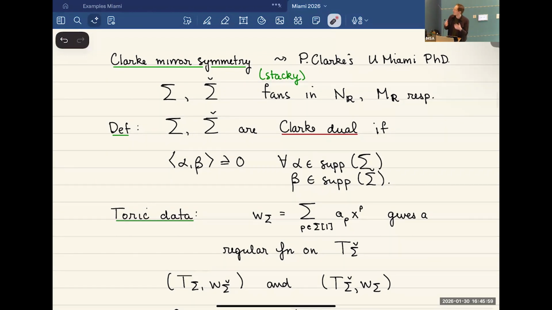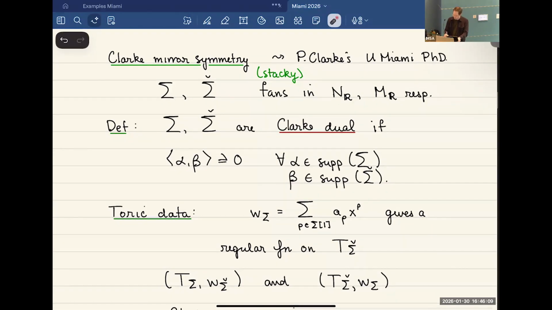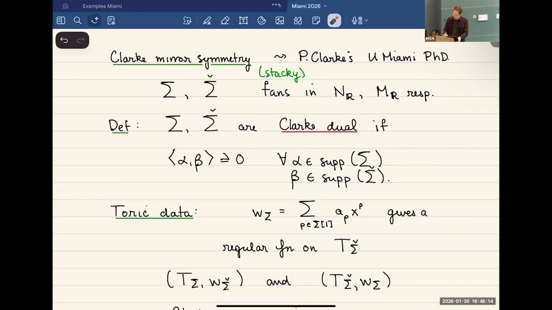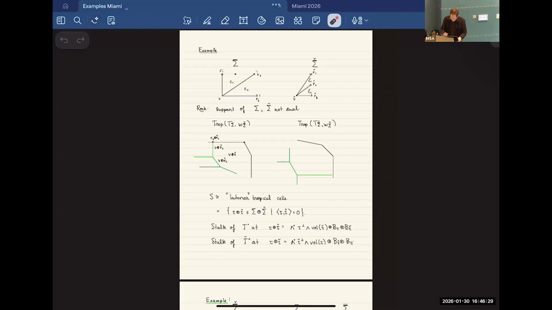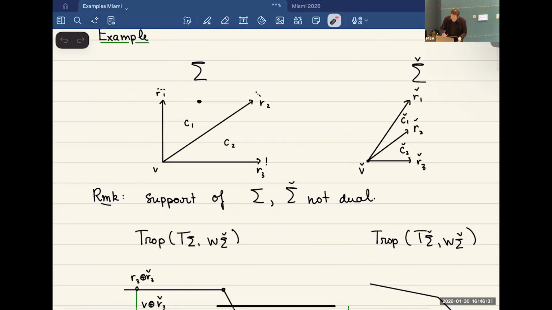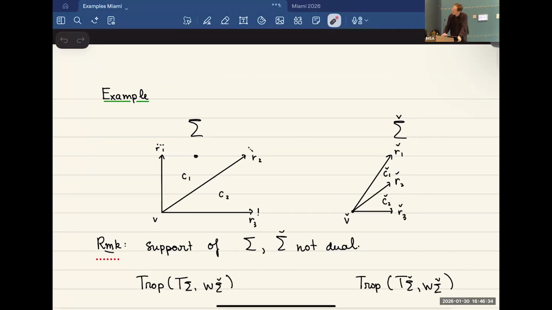And so the geometric consequence of this, and there's nothing really too complicated about this, is that if I take the potential function W_sigma, which is just on the big torus, this is just a Laurent polynomial whose monomials correspond to the ray generators of sigma. This is a regular function on the toric variety attached to the dual fan, this sigma check. So that's all this is saying. So maybe I'll bounce over here for a second and show you an example of this.